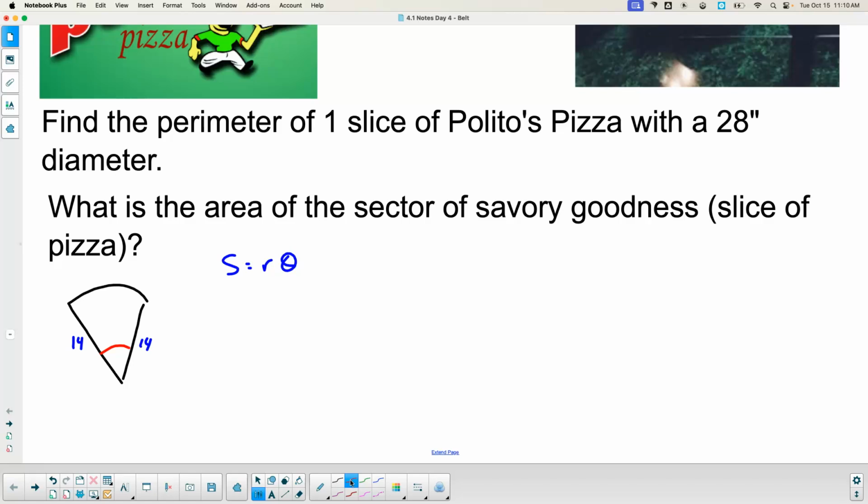So what is 45 degrees in radians? Anybody? 45 degrees in radians. It is pi over 4 radians.